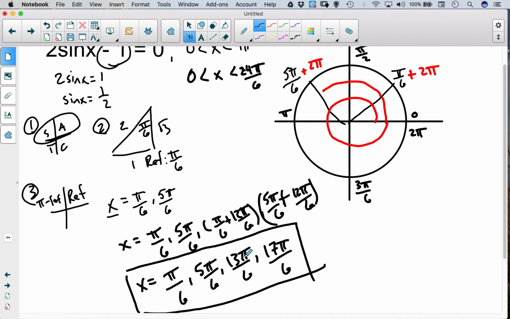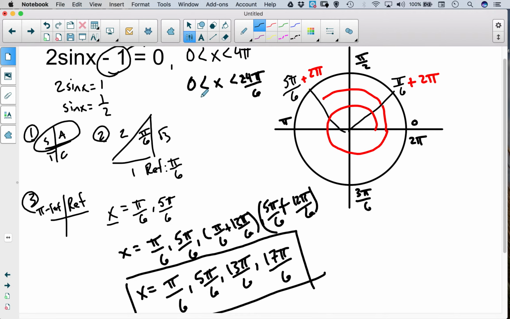So if I were to add 2 more pi to 13 pi over 6, I would get 13 pi plus 12 pi, which would be 25. And that's way too large. It's bigger than my 24 pi over 6. And that's a good way to just know if you're getting all of the answers that you need to. So 4 answers here. None of them are greater than 24 pi over 6. And that's how you know when to stop.